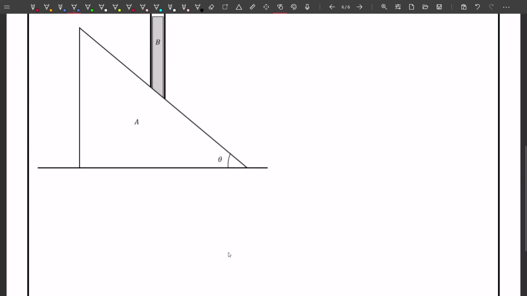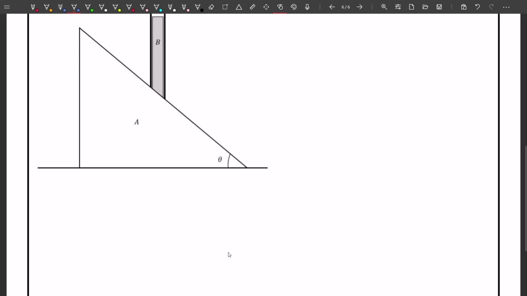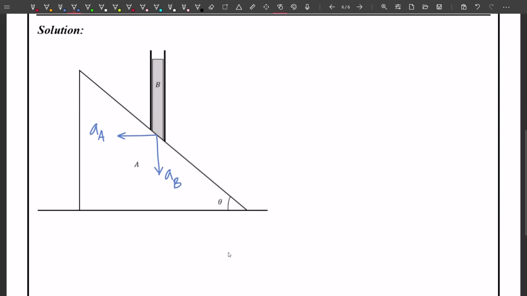So if I draw these things over here, I'll get acceleration of block B in this direction, acceleration of wedge A in this direction.